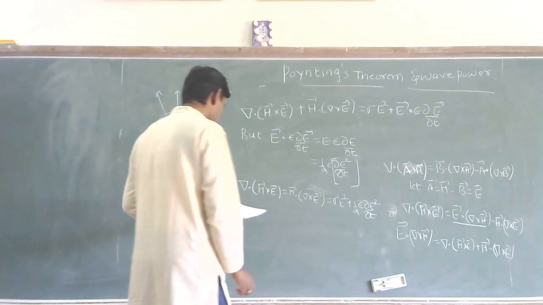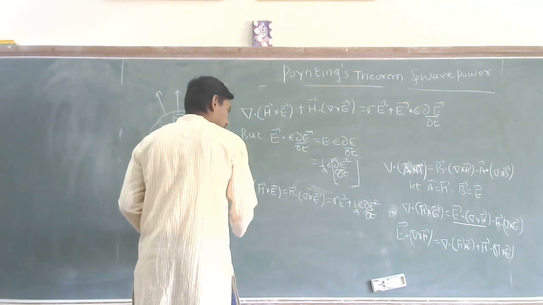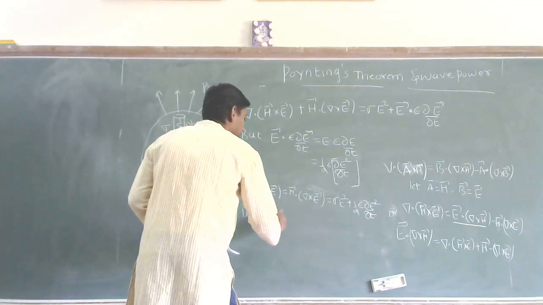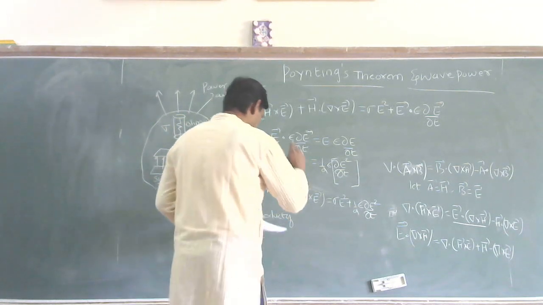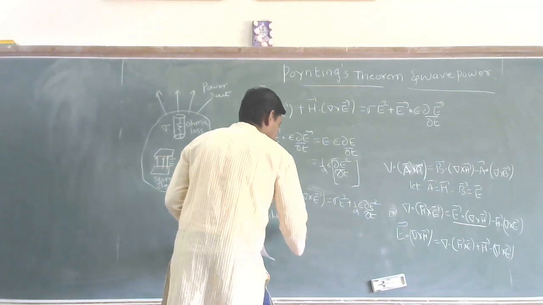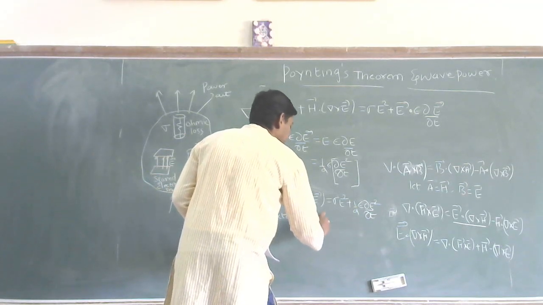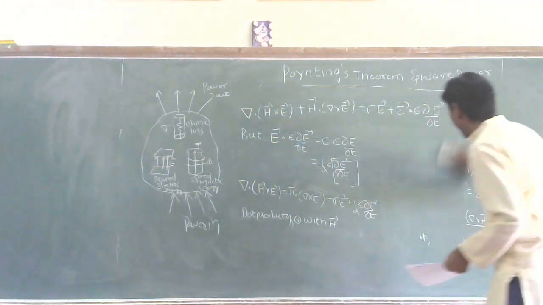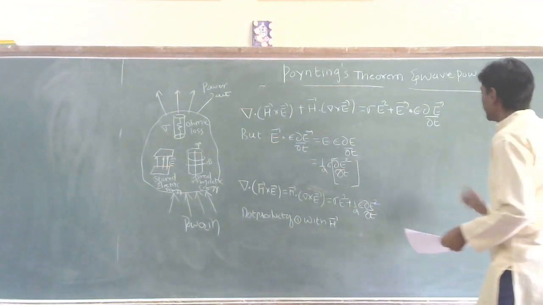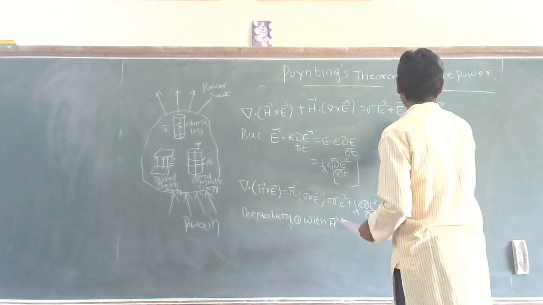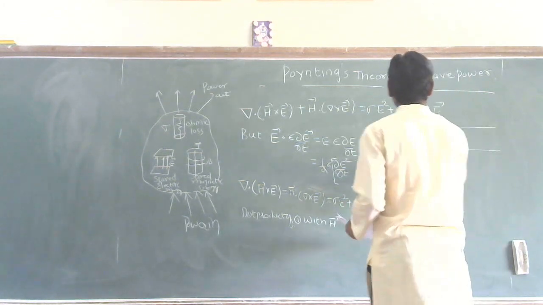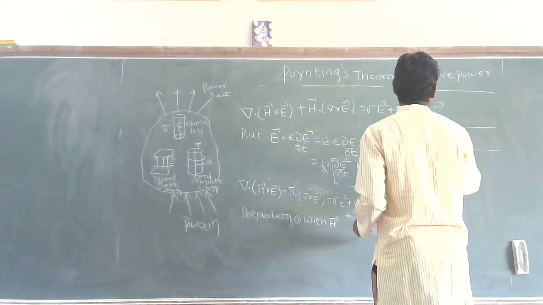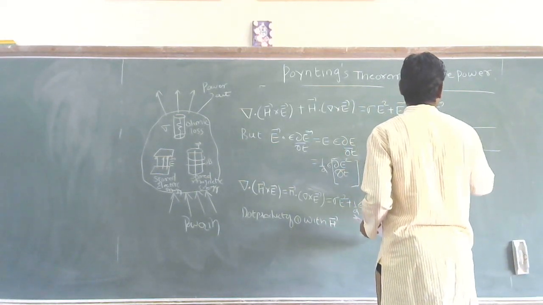Now let us try to do one more thing, that is taking a dot product of equation 1 with H. Equation 1 was del cross E equal to minus mu dou H by dou t.